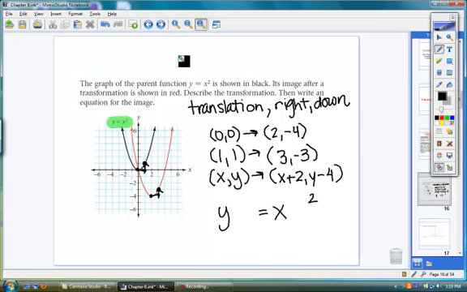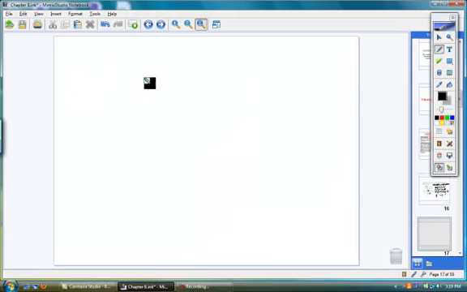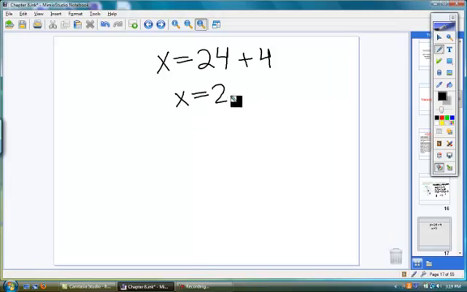So if you think about another example, I'm going to go to a new page here. If you think about your age, let's say x equals 24, that's standing for your age, okay? If you wanted to increase the x by 4, you would add the 4 over here, because then x would equal 28.